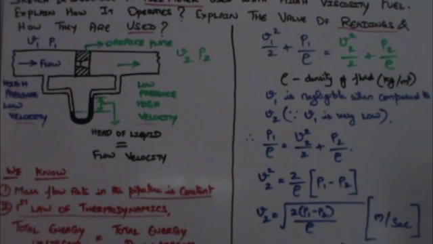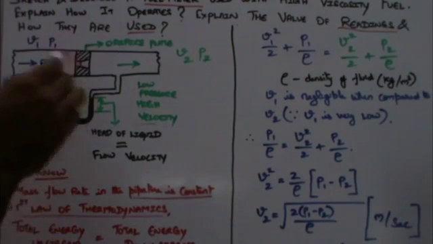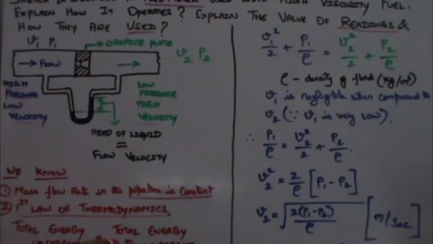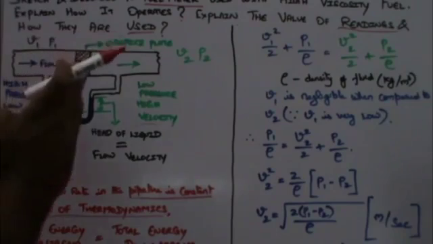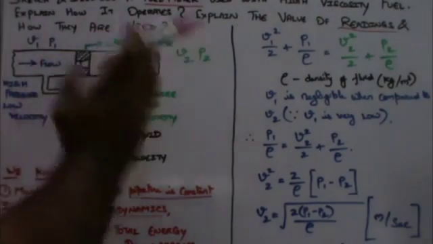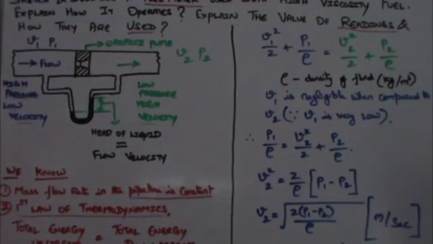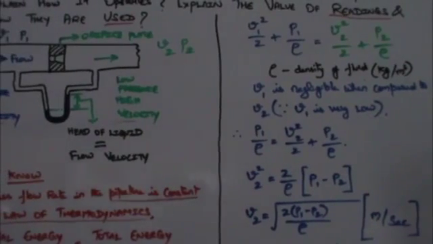With that in mind, the total energy upstream of the orifice is always equal to the total energy downstream of the orifice. That is, the kinetic energy plus potential energy upstream is equal to the kinetic energy and potential energy downstream. Let's now see the calculation.